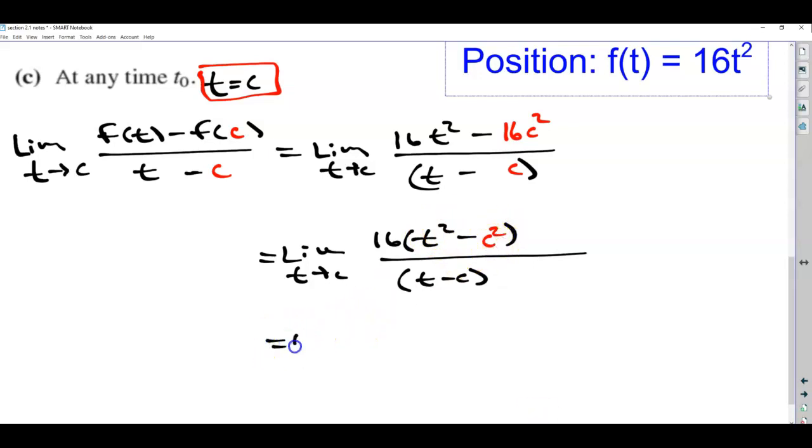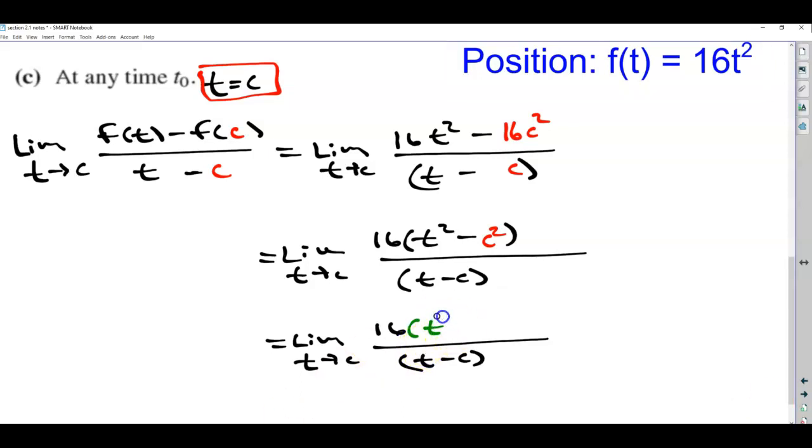Well, we had a factor. And how did I get the t? Well, I got t times t. So there's a t and a t, but how did I get the minus c? That had to come from a plus c and a minus c.